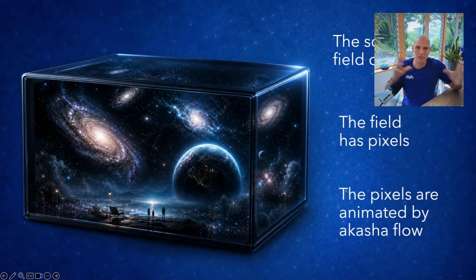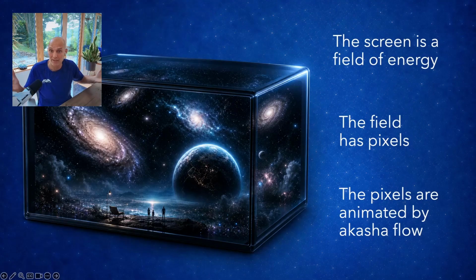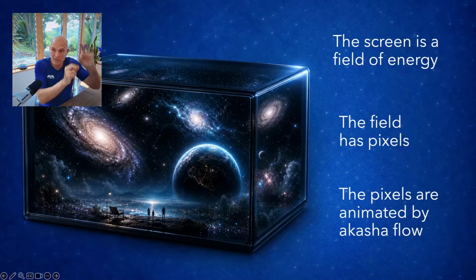That whole screen is actually the field of energy of the whole universe. That's what it represents. And imagine that field or that screen has pixels. A normal TV has tiny little pixels, little dots, and those little pixels each change color.